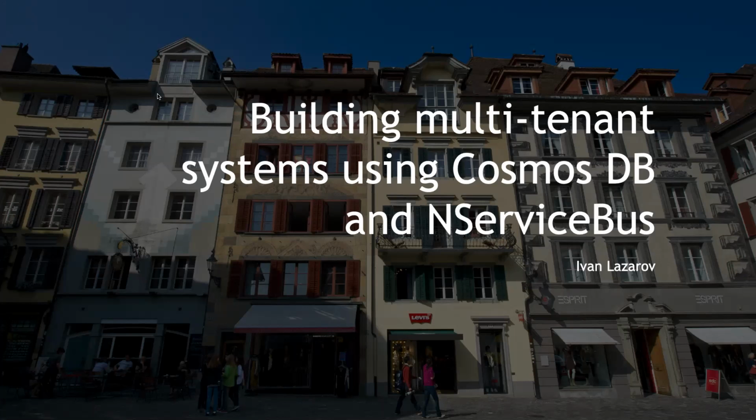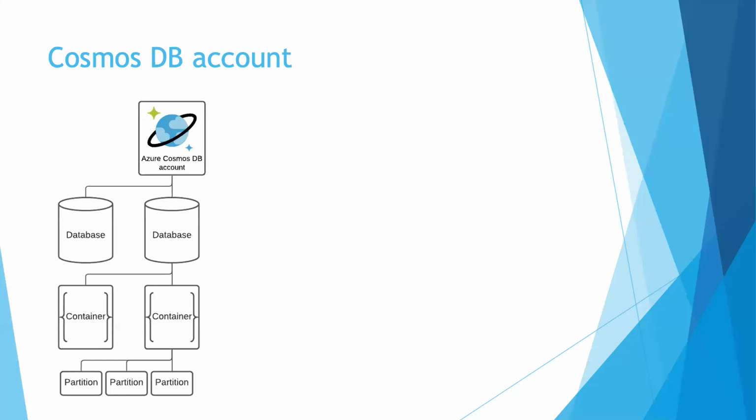Just as a recap, for those who do not use Cosmos DB or are considering moving to Cosmos DB, I wanted to recap what a Cosmos DB account looks like. On the Cosmos DB account, you can have one or more databases, and within a database, you can have multiple containers.